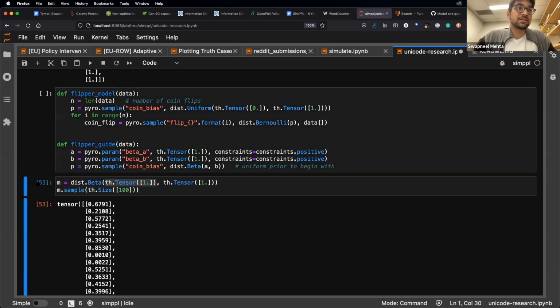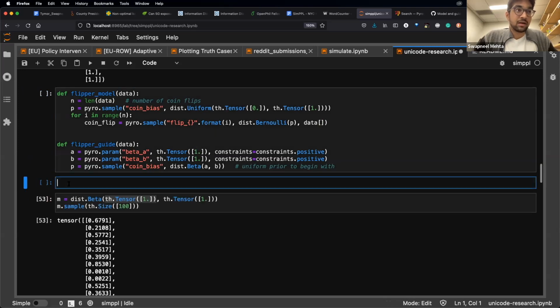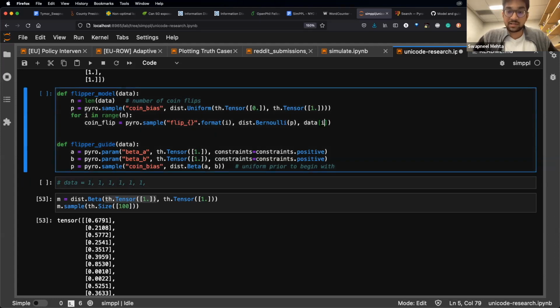It basically means the same thing you were doing mentally when you said if data is equal to 1, 1, 1, 1, 1, 1, every time you see a 1, you are thinking, oh, heads is more likely, heads is more likely, heads is more likely. You're telling the model to do the same thing, where each time it sees a certain data point, it updates this parameter for this distribution such that your coin flip actually matches your data.